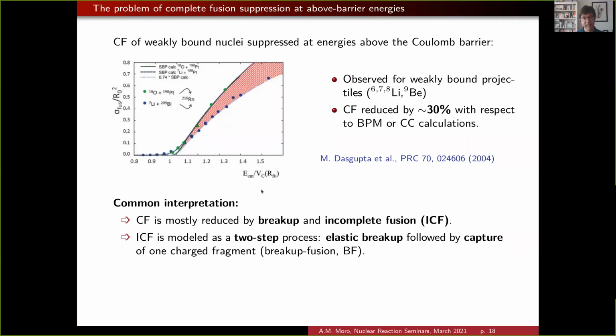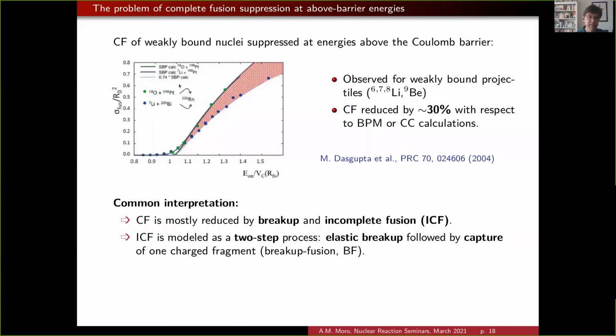But let me just focus on a particular problem that we tried to address. That is the problem of complete fusion suppression that was also addressed by Lubian. This is a problem that appears when one studies complete fusion involving weakly bound nuclei.